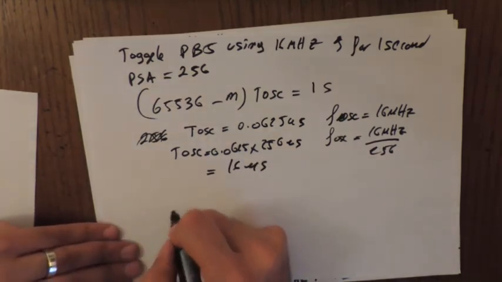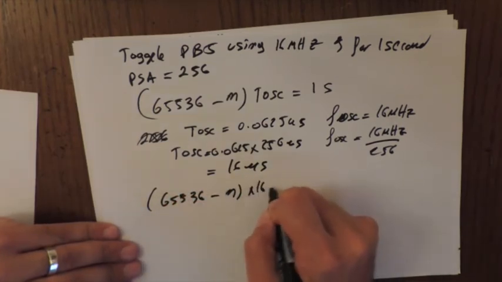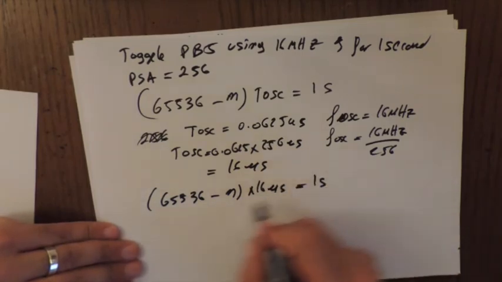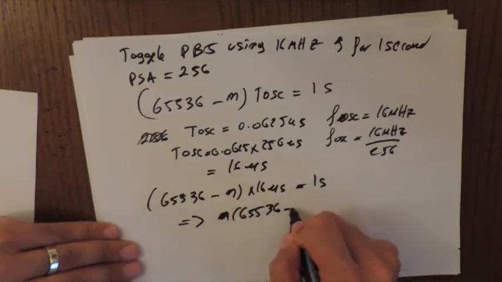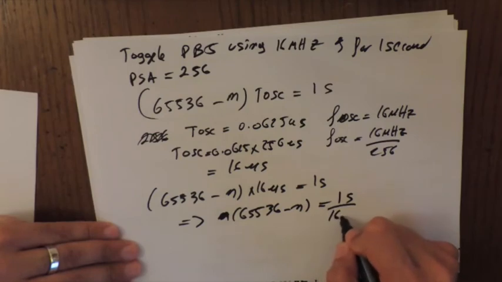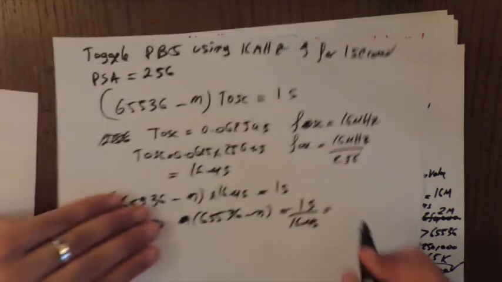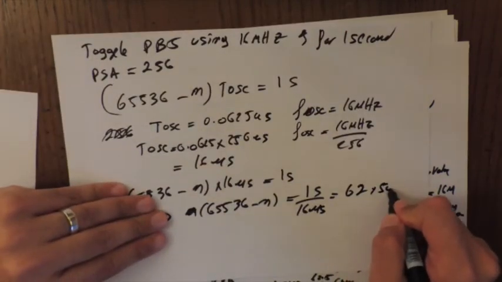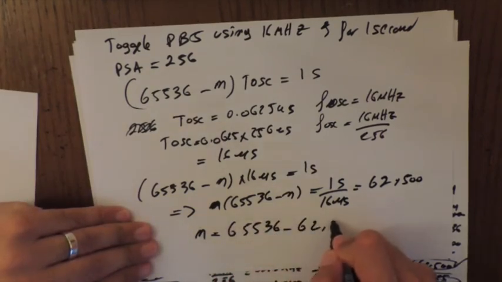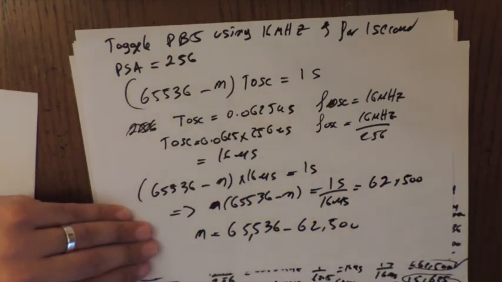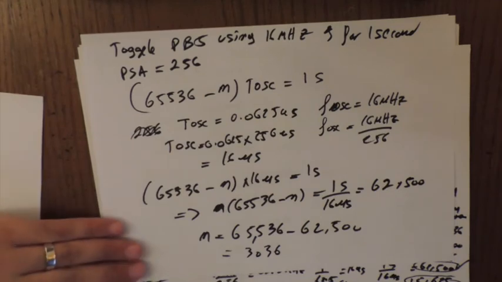Now we have 65536 minus n times 16 microseconds is equal to 1 second, which implies 65536 minus n is equal to 1 second over 16 microseconds, and we already calculated this. This will be 62500. So n is equal to 65536 minus 62500, which is equal to 3036.